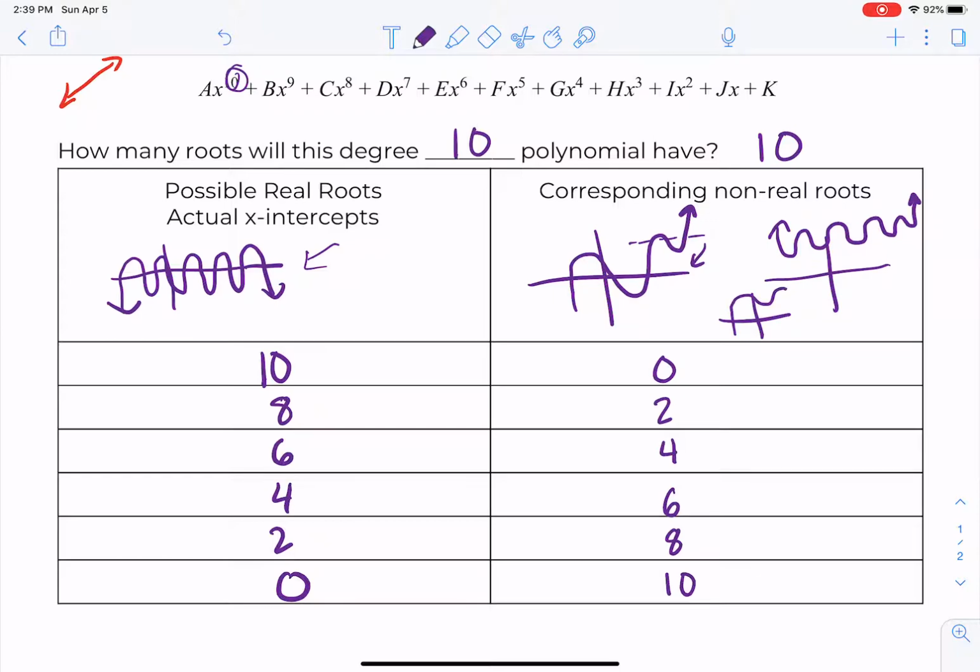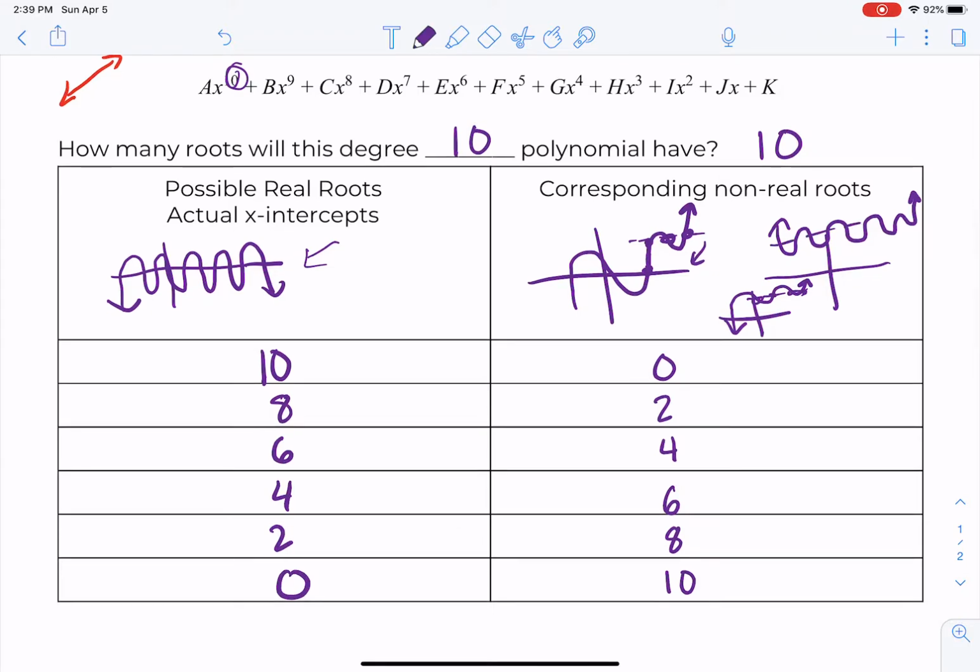So a turning point that happens above the x-axis like these. 1, 2, 3, and 4 in that case that were off. 1, 2 in this case, because this one over here is actually covered by this. And then notice all 10 of those. So that's how that works.